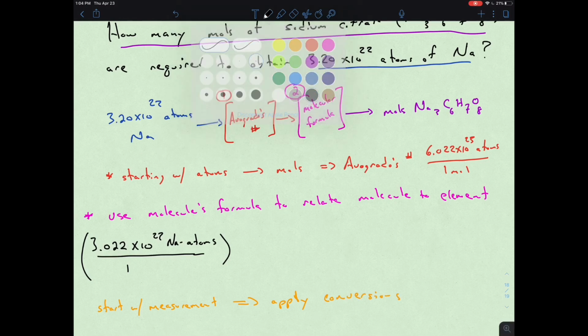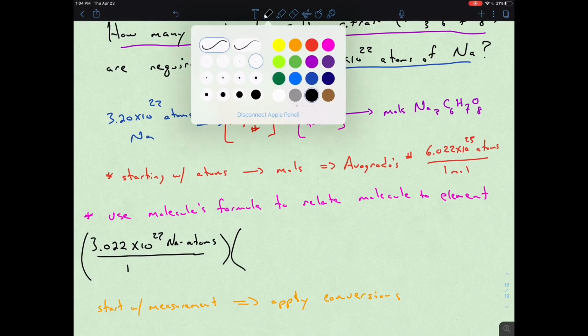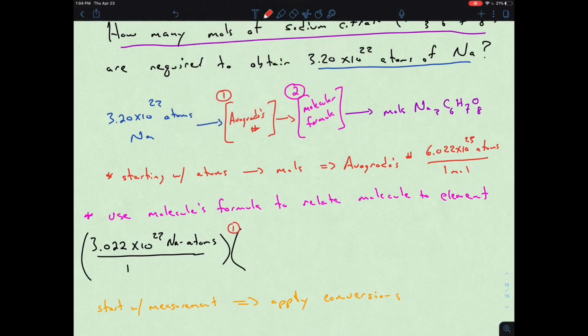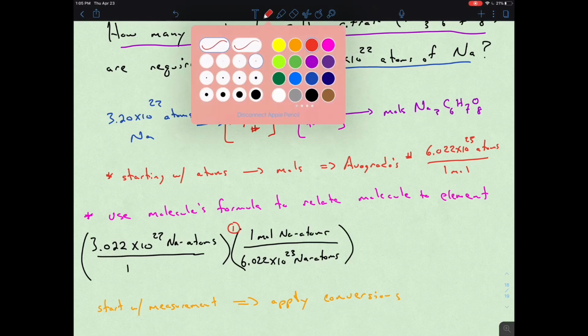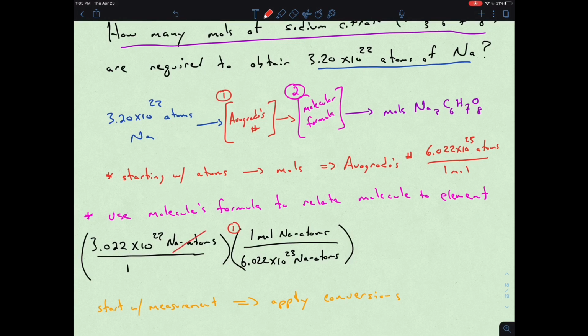So the first conversion would be looking at step 1, where we have 6.022 times 10 to the 23rd sodium atoms for every 1 mole of sodium atoms. And so that's allowing me to convert out of atoms of sodium and get into moles of sodium.